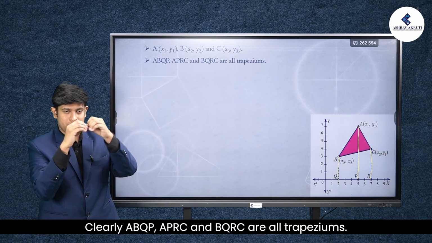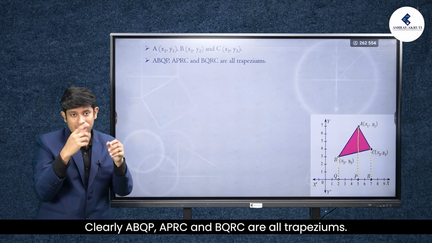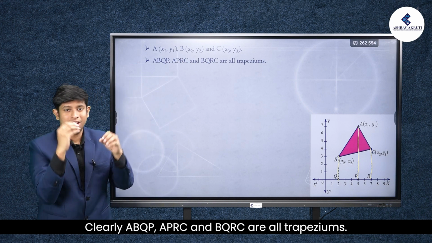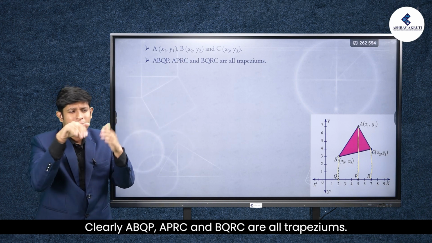Clearly, ABQP, APRC and BQRC are all trapeziums.